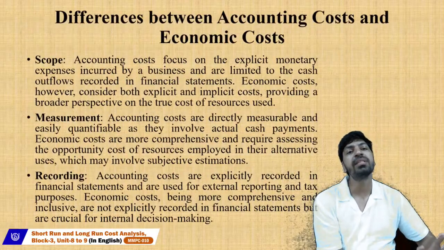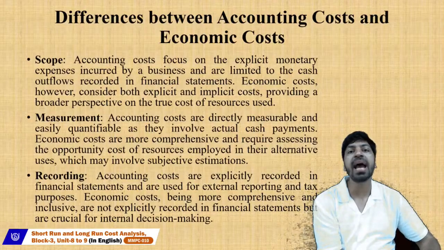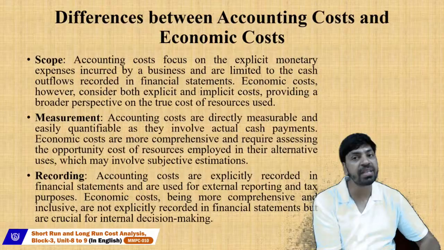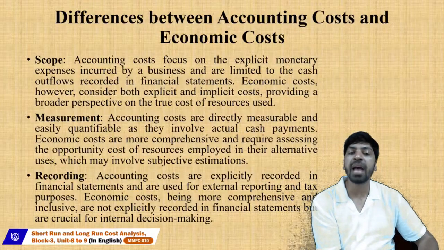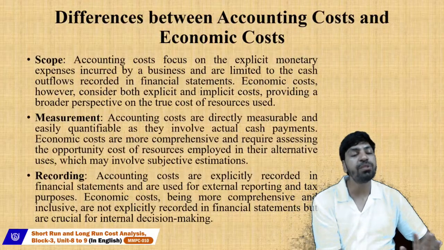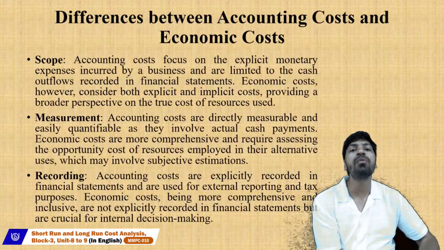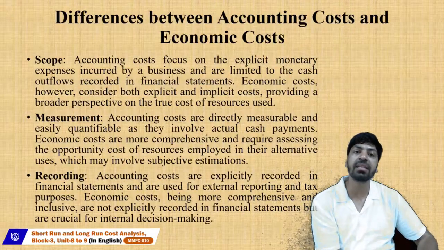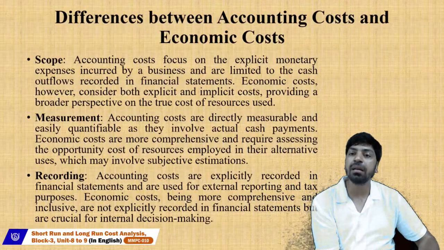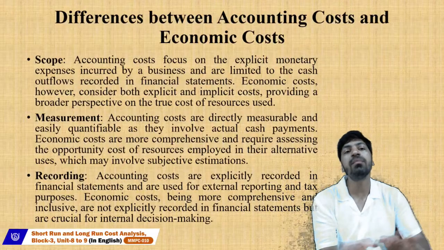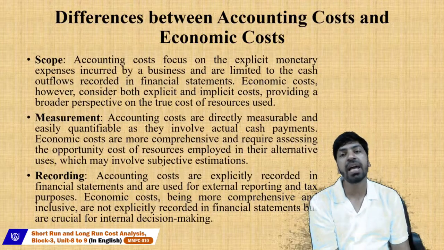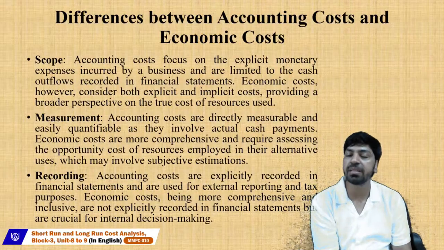Now, what is the difference between the accounting cost and the economic cost? These are the main bases of the differences of these two types of costs. When we talk about the scope, accounting cost focuses on the explicit monetary expenses which are incurred by the business, but is always limited to the cash outflows which are actually recorded in the financial statements of the business.